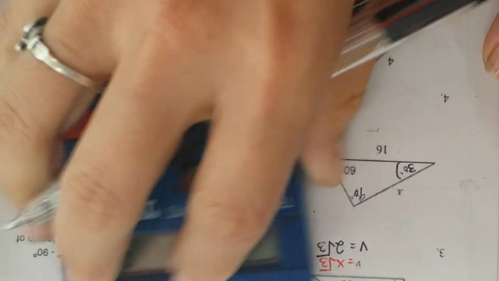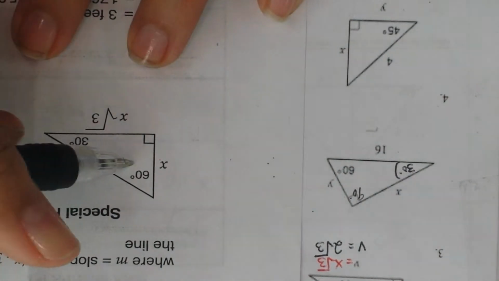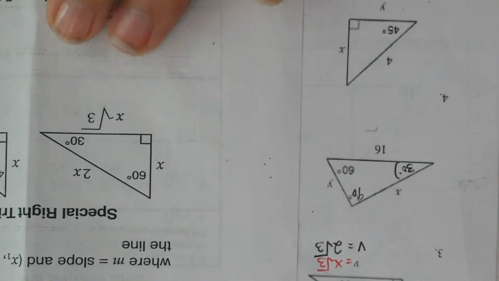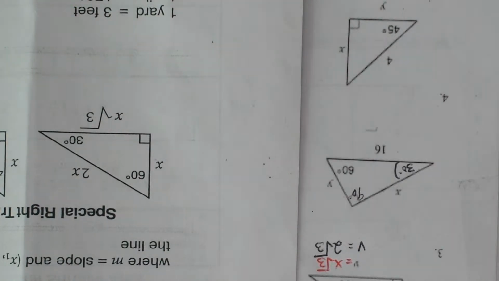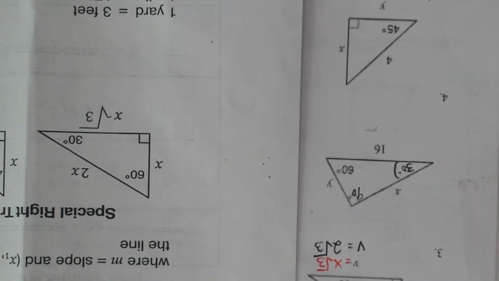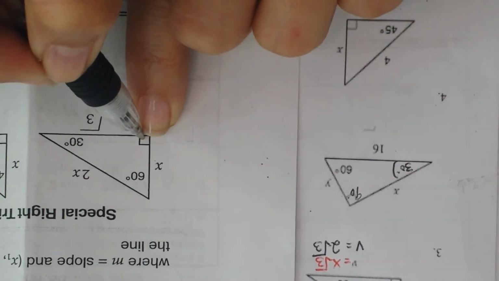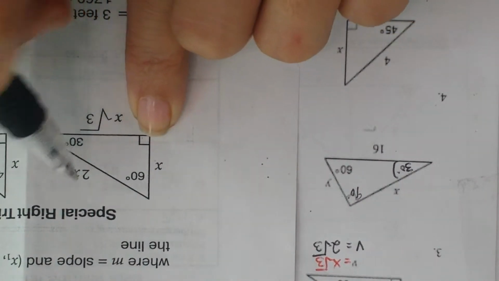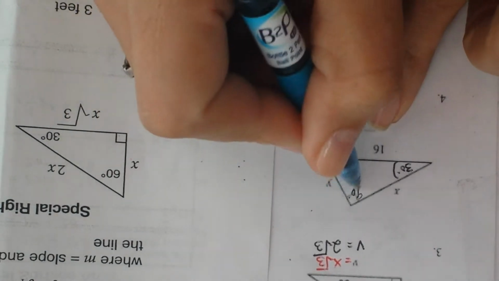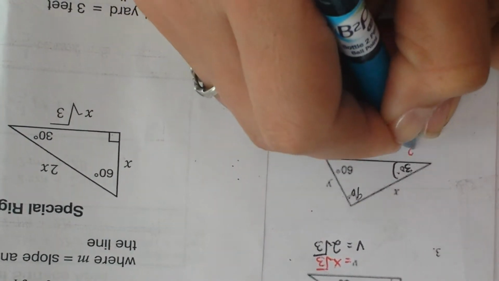Check if it's one of your special rights. It is. It's 30, 60, 90. Again, we're always going to start with the hypotenuse just because I'm used to doing that. Going from 30, 60, 90, across from the box is 2x. So across from my 90 is 2x.